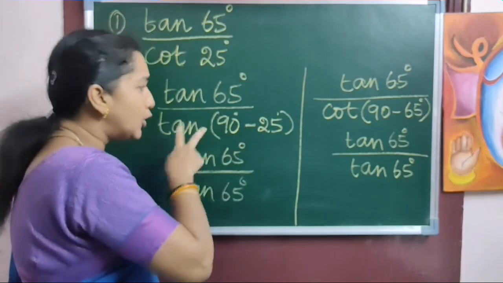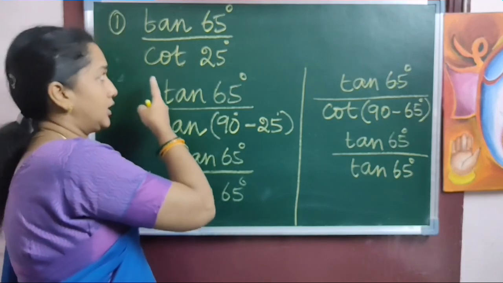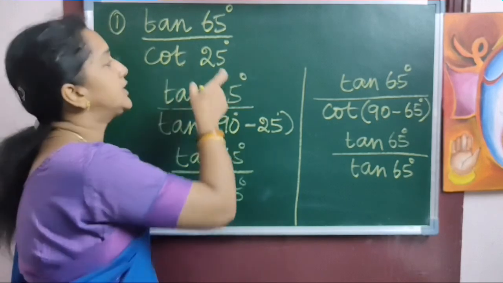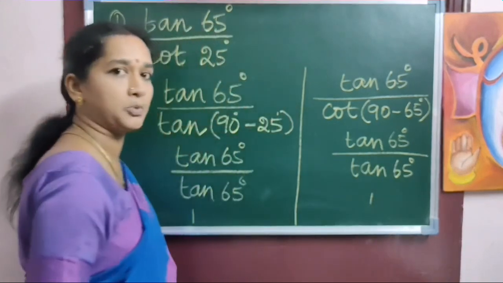But remember, don't change both things. Either change the ratio, cot and tan, or change the degree. When you simplify this, you will get 1.